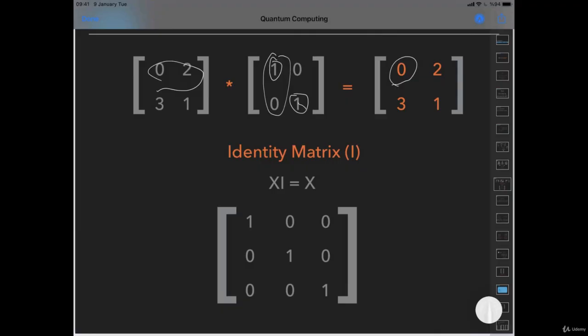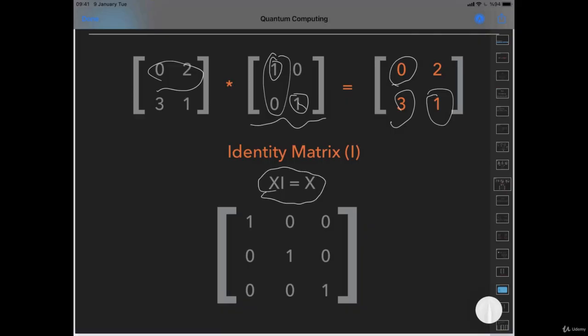If you continue to do this on your own, like 0, 2 with the 0, 1, you're gonna have 2 over here, and you're gonna have 3 at the left bottom side, and you're going to end up with the same exact matrix like you did a minute ago. Okay, so this is called the identity matrix.